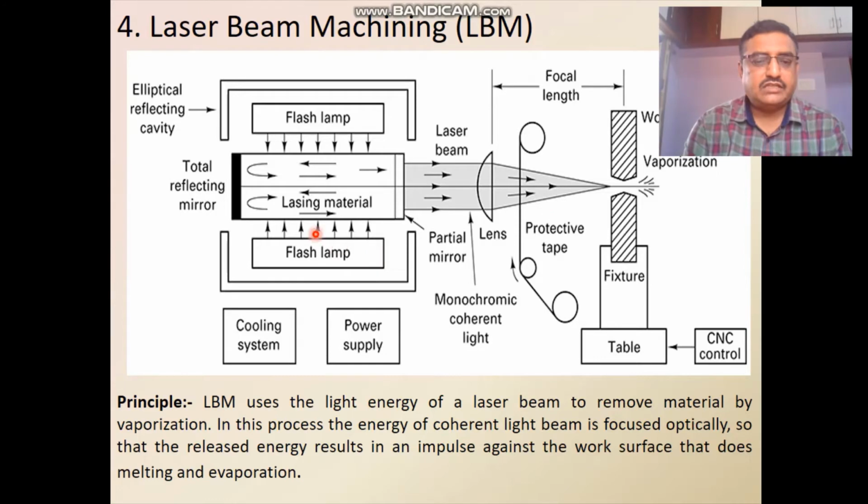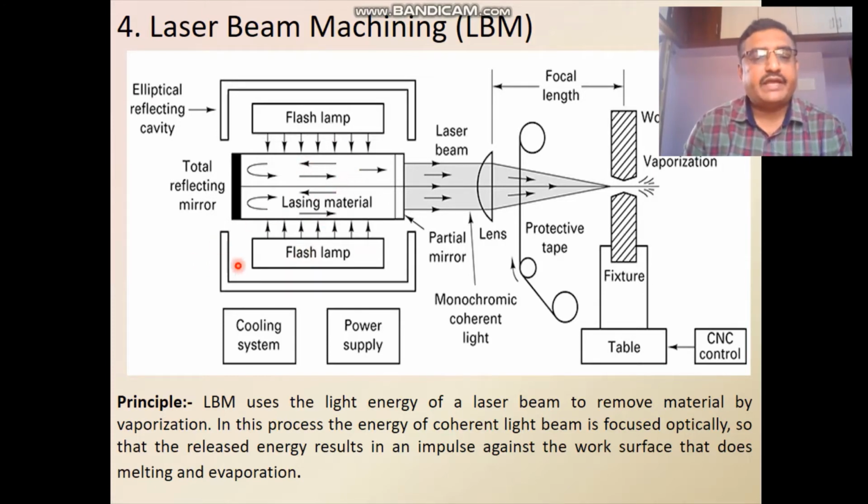See in this block diagram, the main device is called a ruby rod, which is kept in a container with chromium, and most of the time cooling should be provided to this ruby rod. The power supply is connected to the flash lamps which are kept outside the ruby rod.